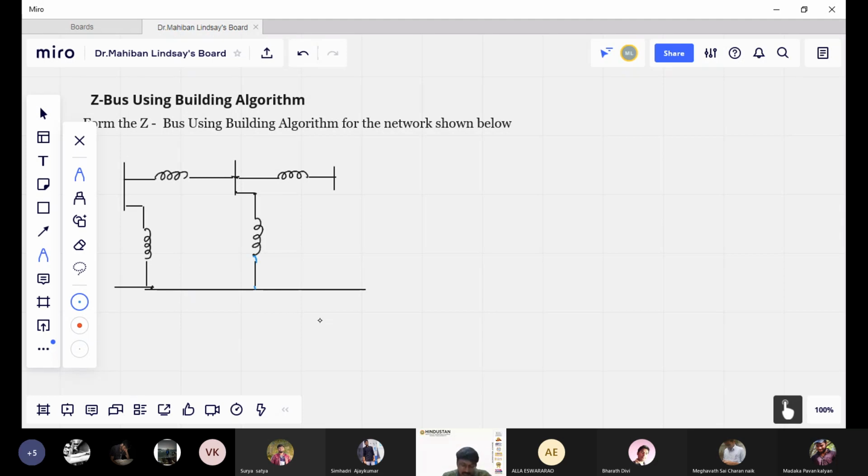Now listen, I am naming this bus as 1, this is bus number 2, this is bus number 3, and the whole thing I call the reference.